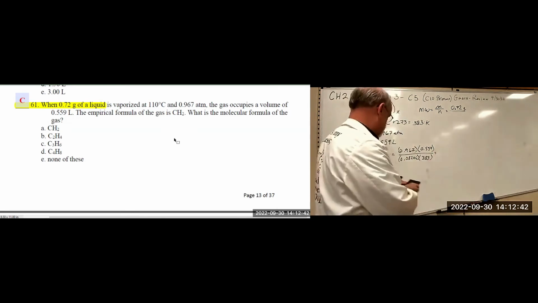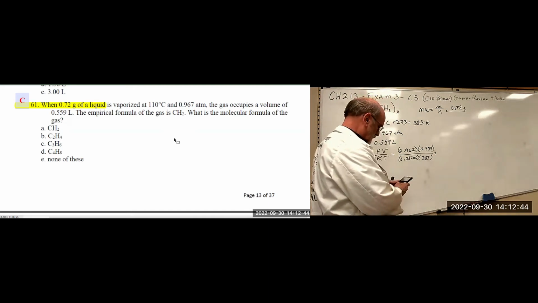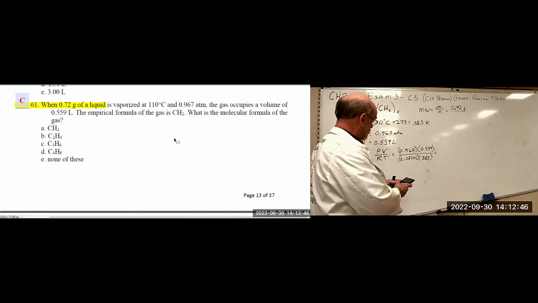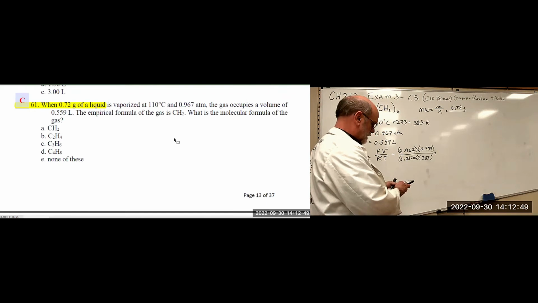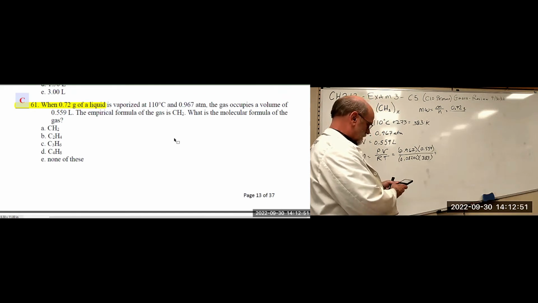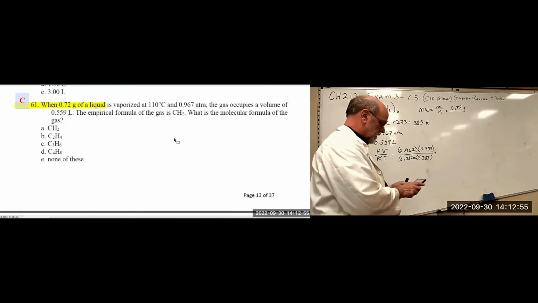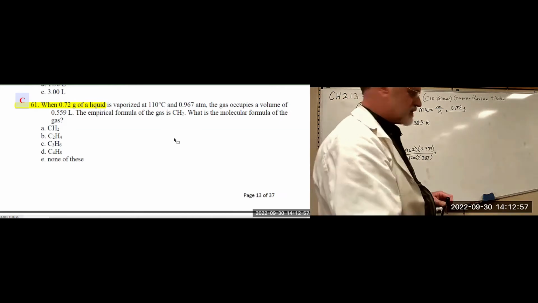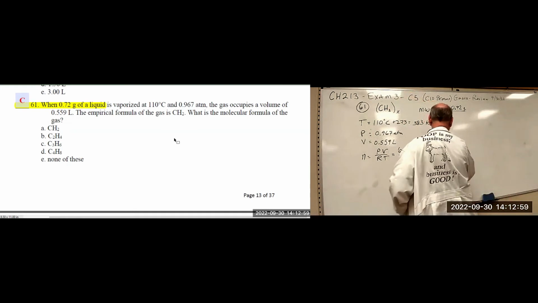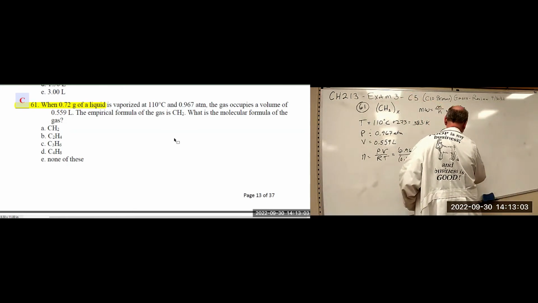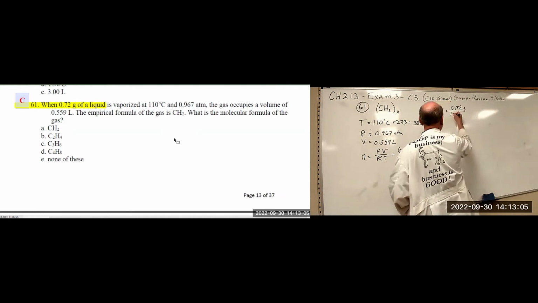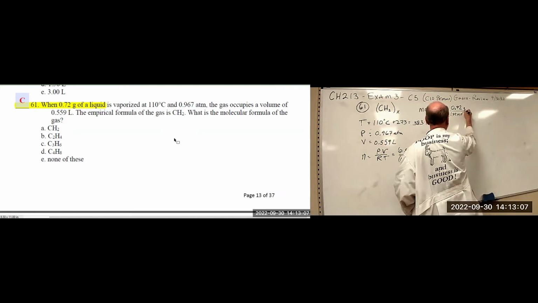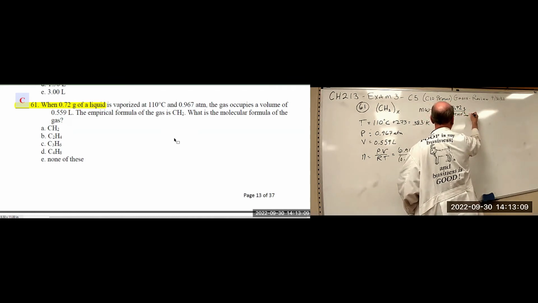I would do fancy calculator work here. 0.559, 0.08206, and 383. So I get 1.72 times 10 to the minus 2 moles.